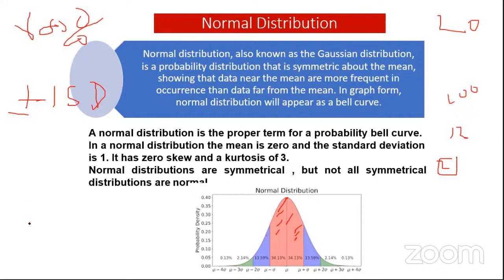What are we saying? In other words, with respect to our example, since our mean is 12 and we have a standard deviation of 2, 68% of our students will have their marks between 10 and 14.